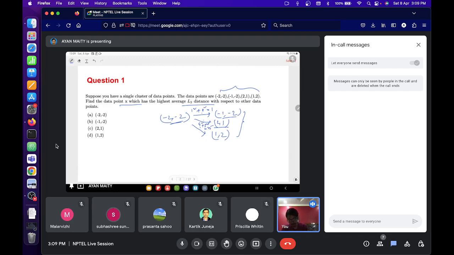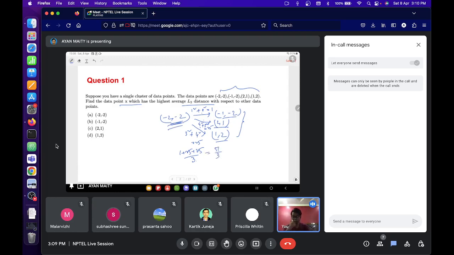And then the distance between minus 2, minus 2 and 1, 2 would be 3 square plus 4 square, which is also 25. So now the average is 1 plus 25 plus 25 by 3. This is the average L2 distance from this point minus 2, minus 2 to all other points. So this is 51 by 3.